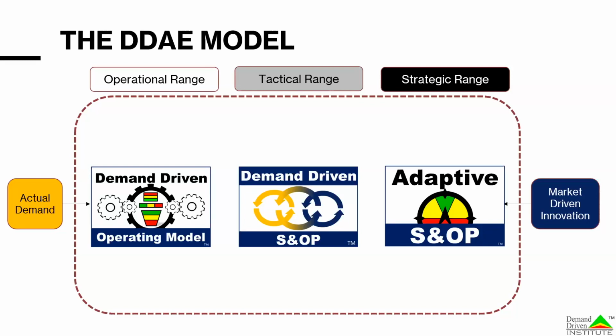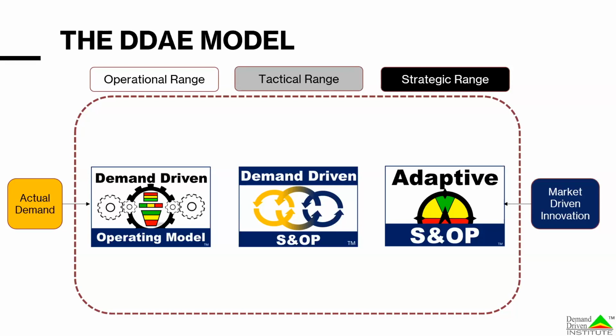We don't help you here, or over here. Well, we can, but that's external to the DDAE model. We assume you have actual demand, and we assume you have vision.